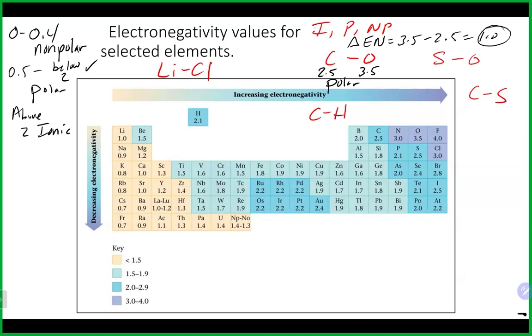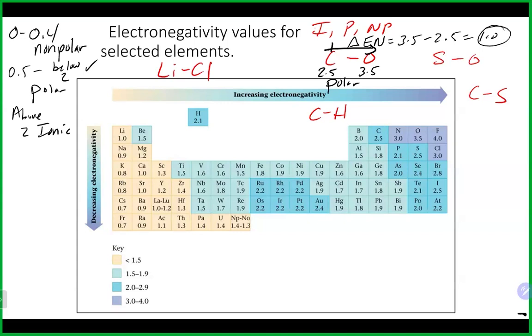Because it's polar, I can draw the dipole arrow. It should point towards the more electronegative element, which in this case is the oxygen. The oxygen would be more negative than the carbon, as more electrons are hanging out on that side of the bond. Any questions on that one?